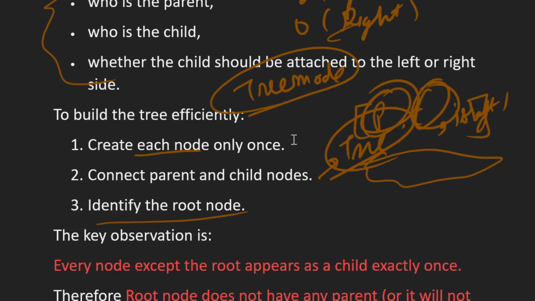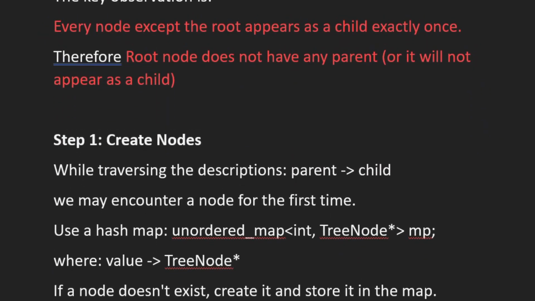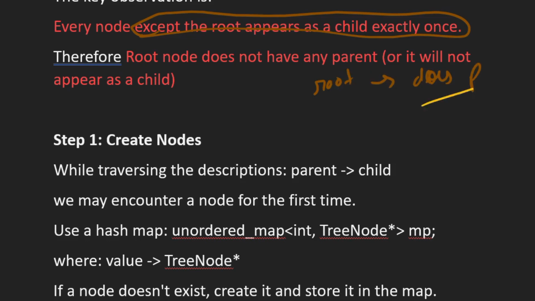The observation here is that each node except the root node will appear as a child exactly once, because as we know the root node does not have any parent.